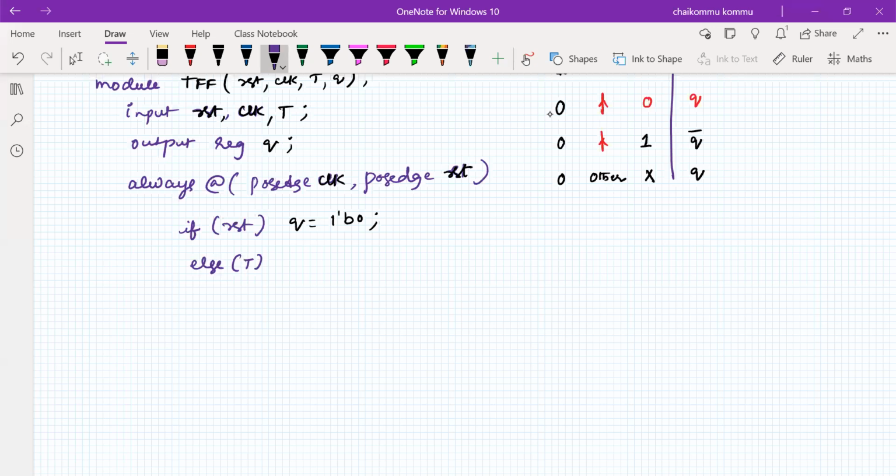Else if T is there, what is the Q value? Q value will be the complement of the Q value. Else, if you're not writing the else statement, the previous value will be there. If you want to write it, you can write it also. There is no issue. Else Q is equal to Q.